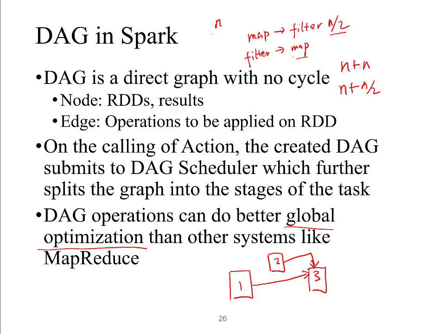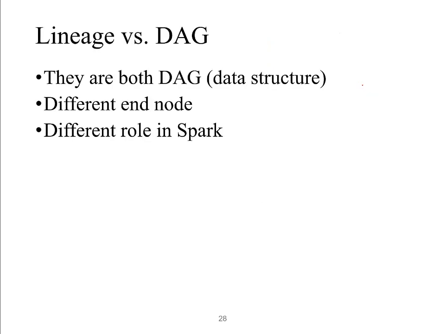All right. So now let's look at the relationship between lineage and DAG. The common thing of both of them is that they're both DAGs, directed acyclic graphs, as a data structure.